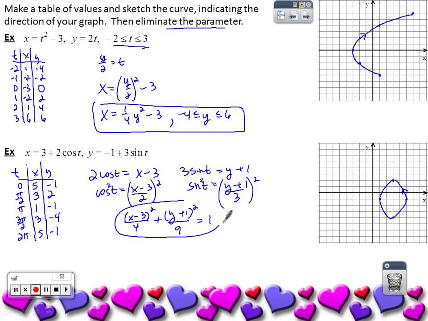Now this would be the equation of our ellipse, and it looks like a standard equation of an ellipse. So that's how we would work it if the coefficients weren't the same. Okay? All right. Questions? Or let me turn this off.